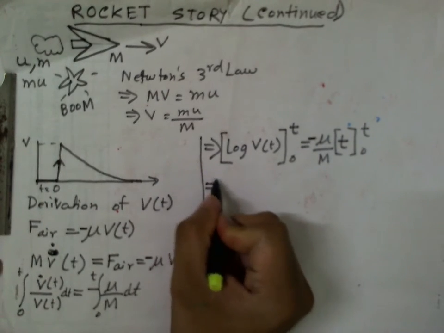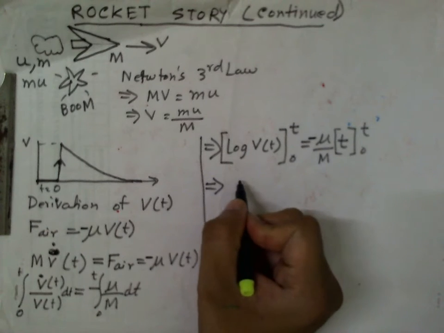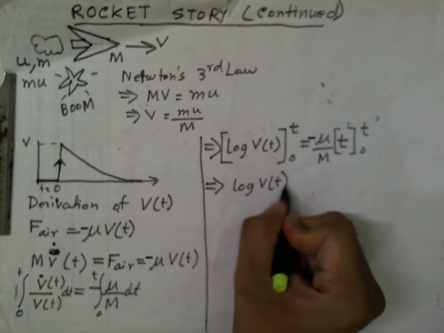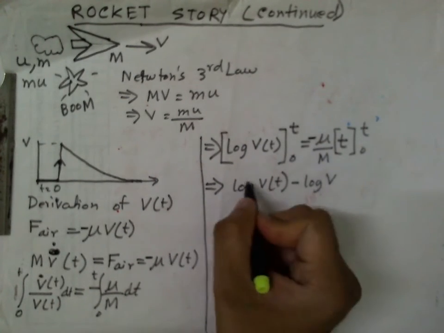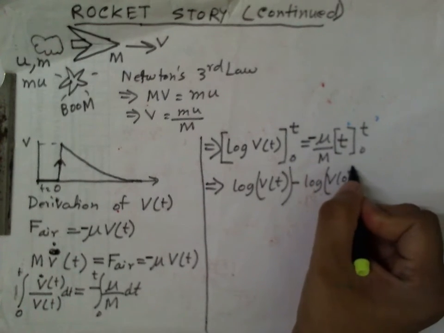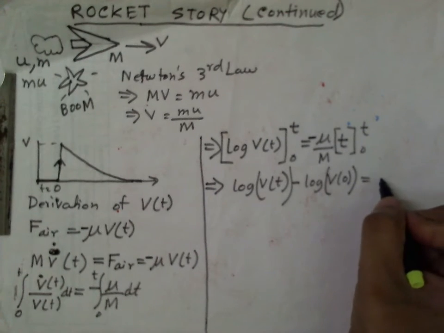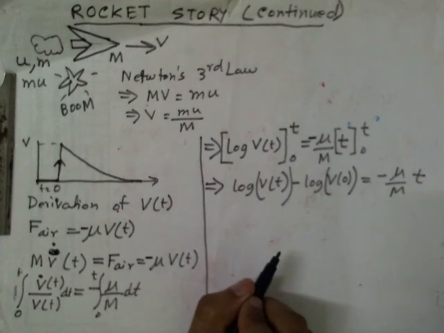Now this further implies that log v(t) minus log v0, which is the initial velocity, is equal to, if I put these values, minus mu t by M, right?